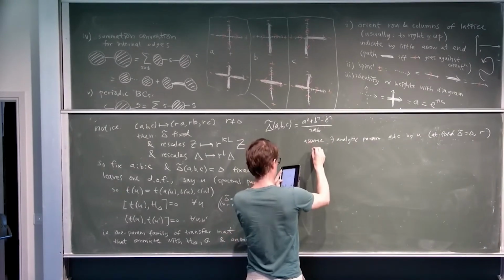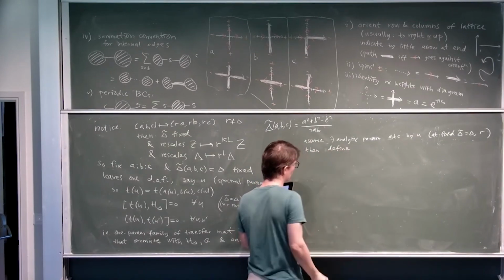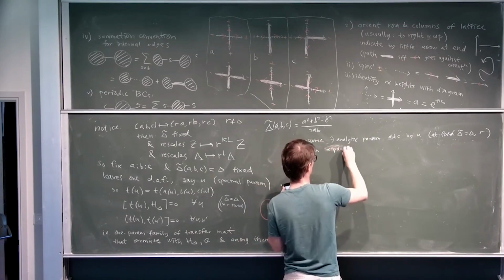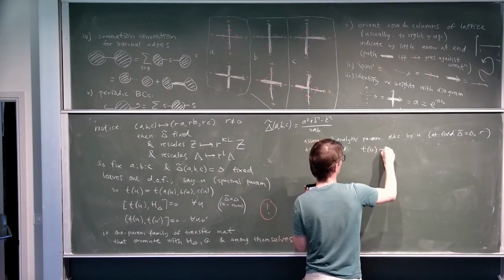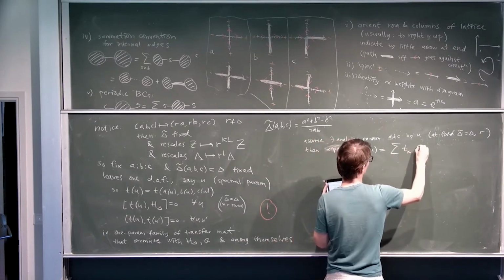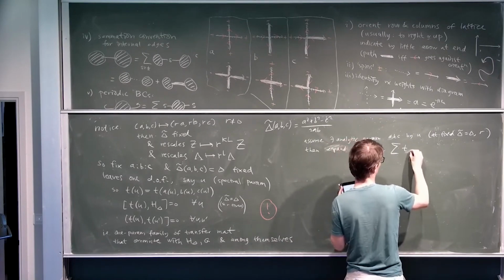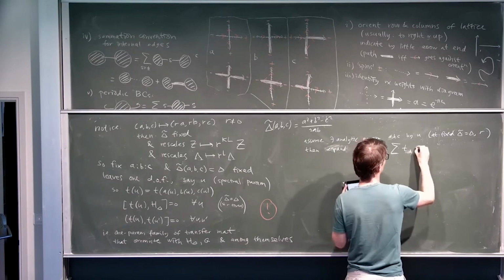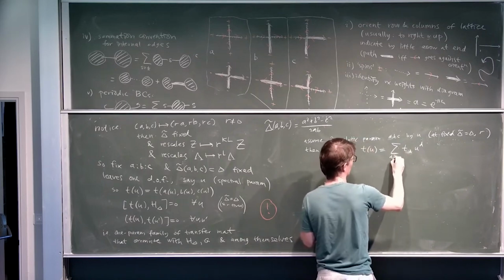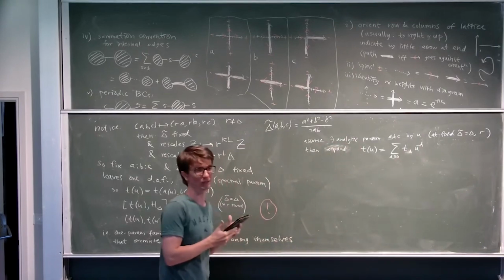Then what you can do, we can expand the transfer matrix T of U as some power series in U, T_k U^k, or maybe depending on the precise parameterization, it might be a series in U inverse, but it doesn't matter so much.